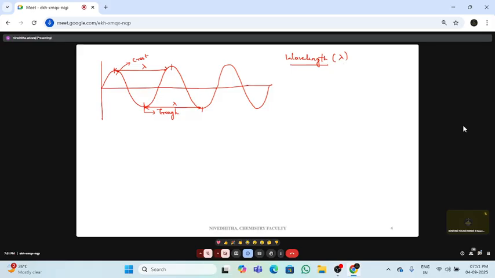Very good. So the unit of wavelength will be meter. Angstrom is 10 power minus 10 meter, but wavelength can be expressed in any prefix of meter. It can be nanometer, picometer, or angstrom. Basically, wavelength is expressed in meter.